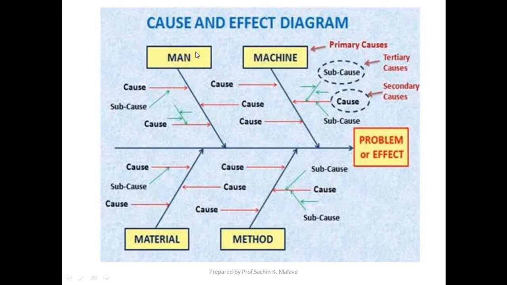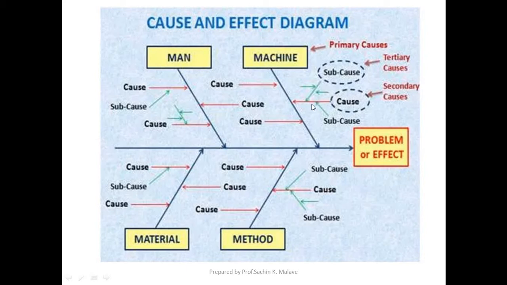So we know that man, machine, material, method, these are the major categories which are going to contribute towards the problem, isn't it? So those are written here: man, machine, material, method. Then identify the possible causes of the problem. So you can see here, this is a primary cause: man, machine, material, method. Then there is a secondary cause that is written as a cause.